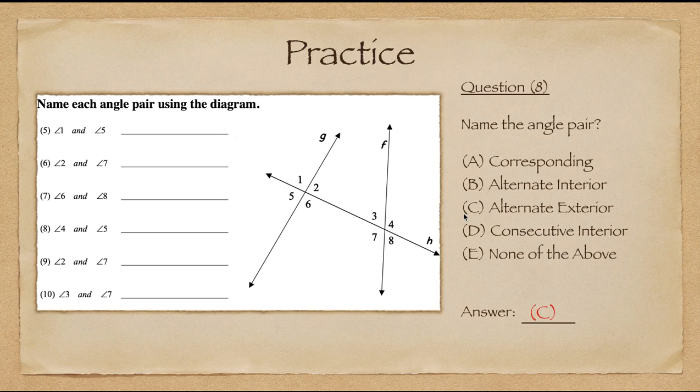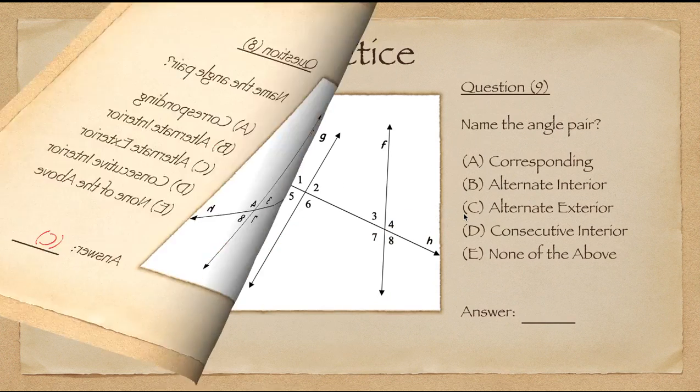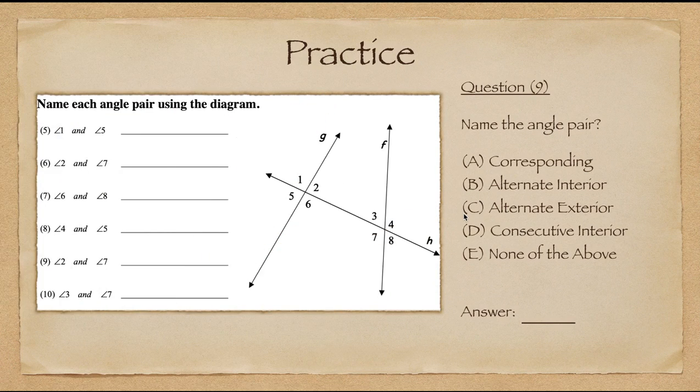They are in the exterior region, and they alternate the sides of the transversal they're on. And question 9, how would you classify angle 2 and angle 7? Again, answer choice B, alternate interior angles.